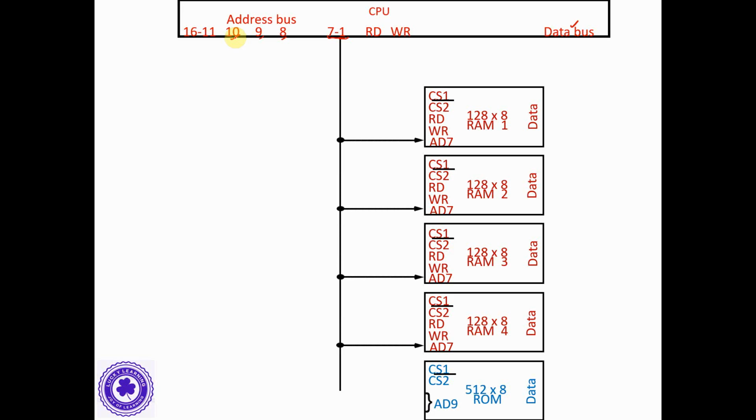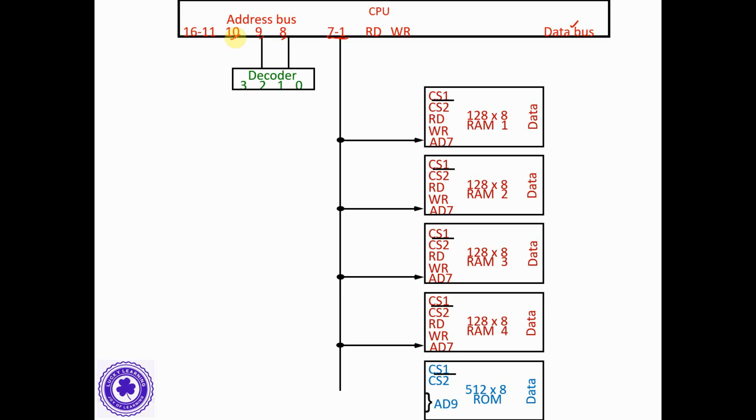These 7 bits are common and connected directly to the RAM chips, and the 8th and 9th bits will be used to select which RAM chip is to be selected. So with 2 bits we have to select one of the 4 RAMs. For this I'll be using a decoder, as we know that a decoder is going to output only one of the output lines.